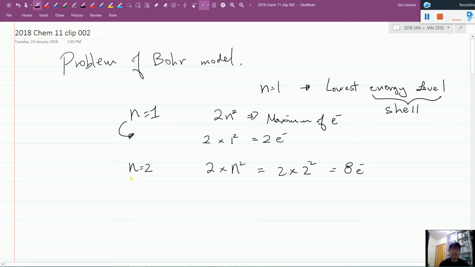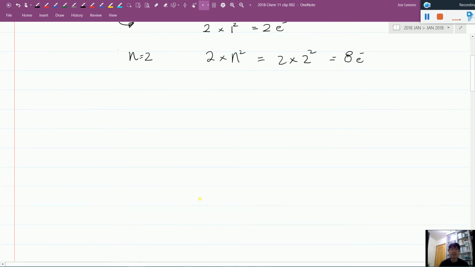The Bohr models are fine until we reach 20. Let me show you the Bohr models very quickly. I use a table like this: n equals 1, n equals 2, and n equals 3.